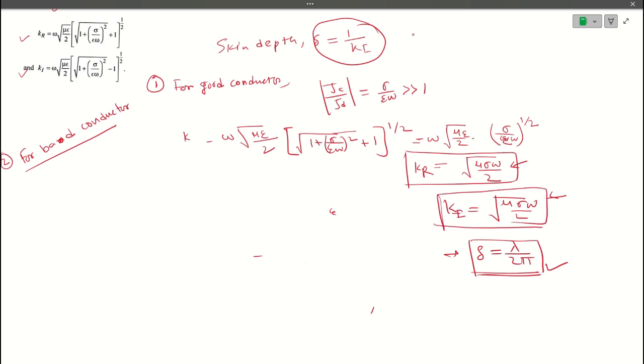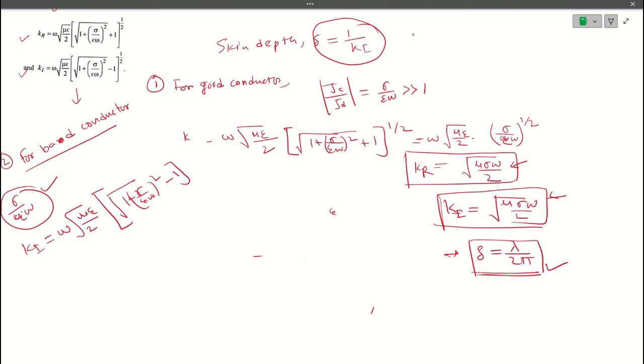For bad conductor, sigma by epsilon has some value, so we find only Ki. Ki is nothing but omega root over mu epsilon divided by 2 into root under 1 plus sigma by epsilon omega whole square, then minus 1, to the power half.